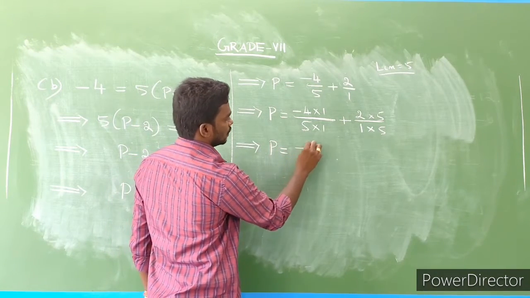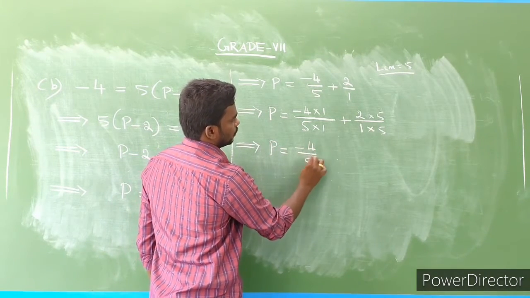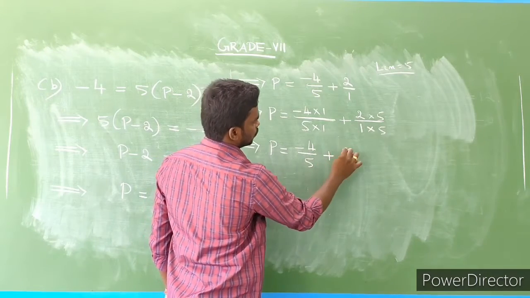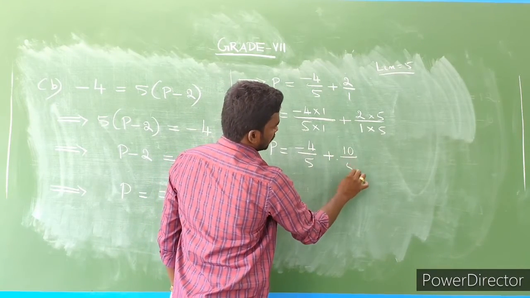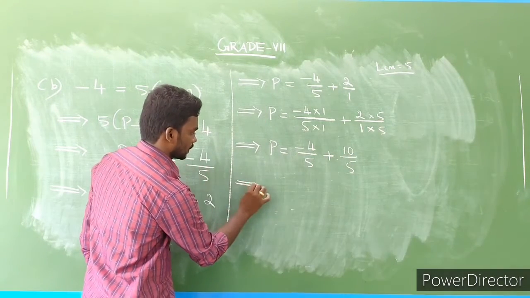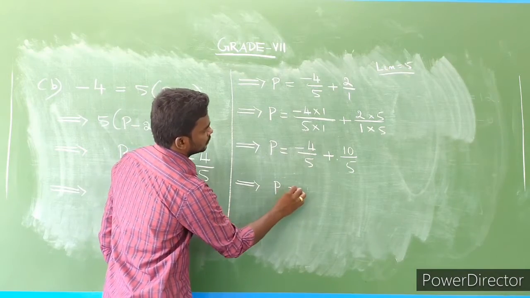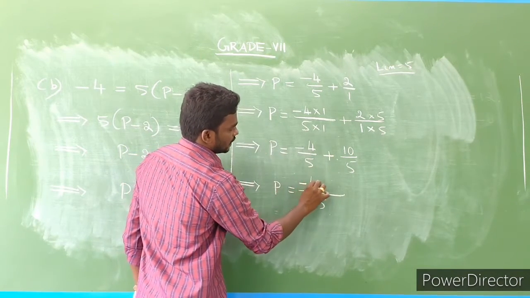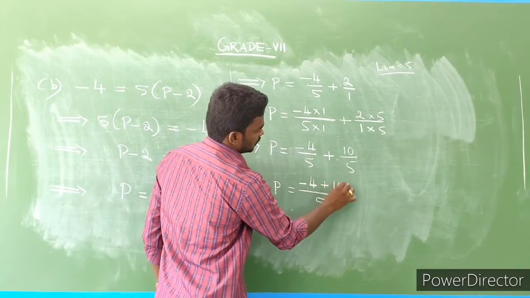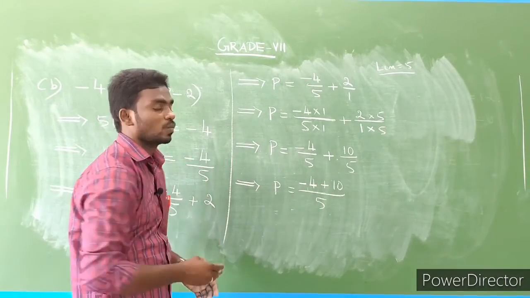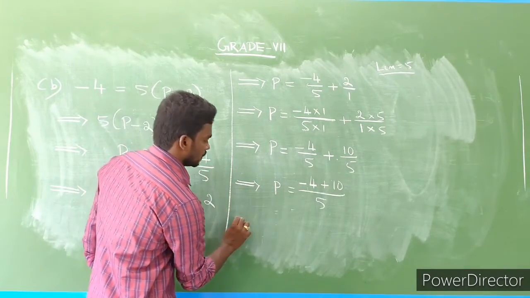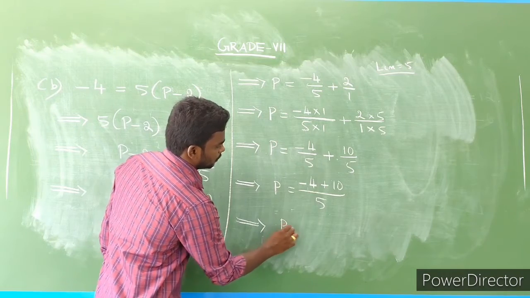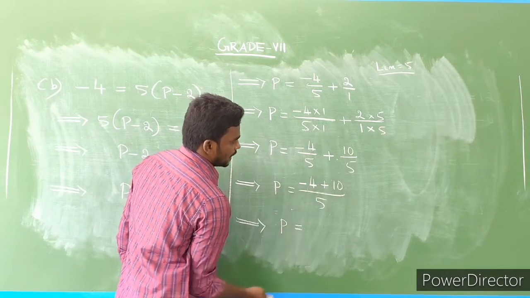Implies that p is equal to minus 4 by 5 plus 2 5s are 10 divided by 5, implies that p is equal to, so keep the same denominator 5, numerator value is minus 4 plus 10. We can add or subtract only like fractions, implies that p is equal to, what is the value of minus 4 plus 10?